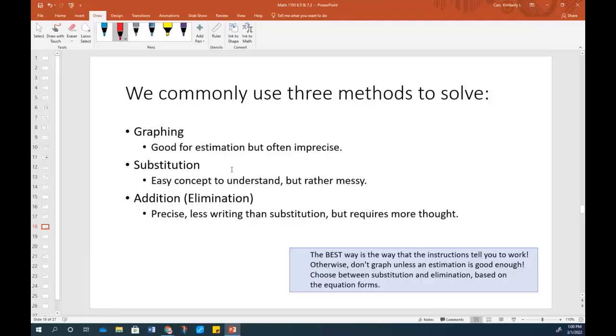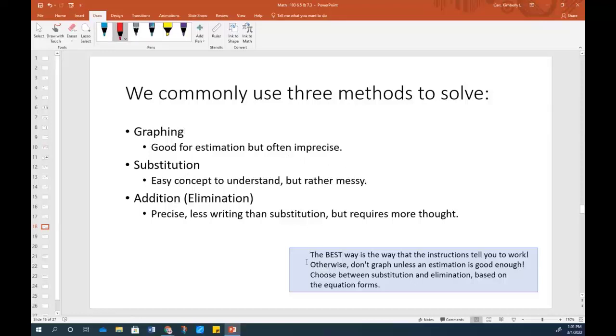And even when they show you a graph that's done by a computer or a graphing system, it can be tough to get the answer because maybe it doesn't cross at a very clear point and you're trying to guess. And you might guess a fraction like 0.5, but you're never going to guess a fraction like 1/3 or 1/7 or something. So we generally don't graph unless they tell us to.